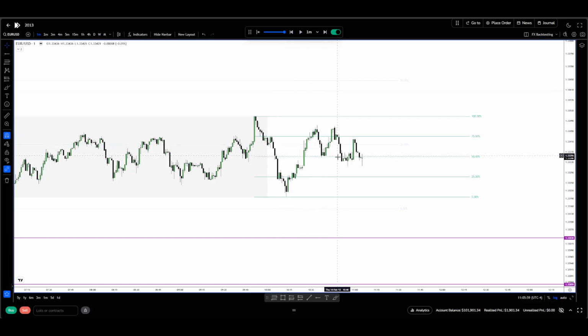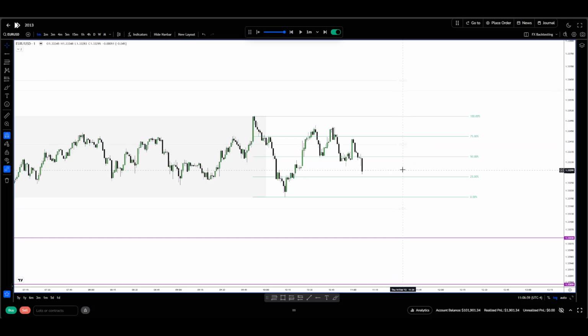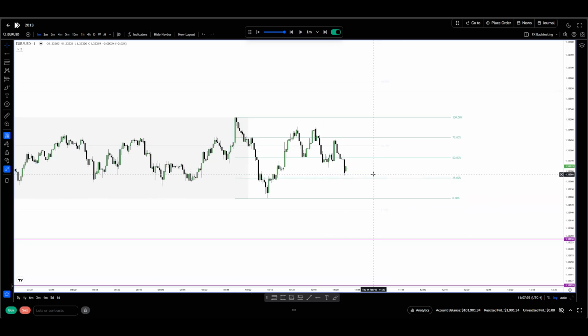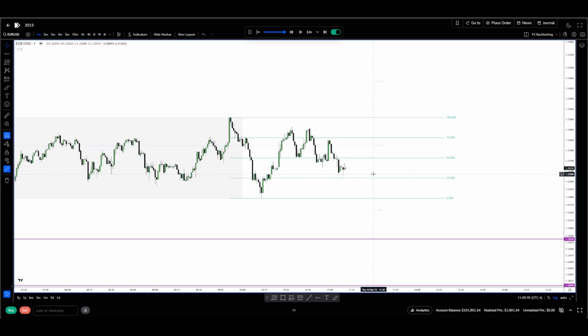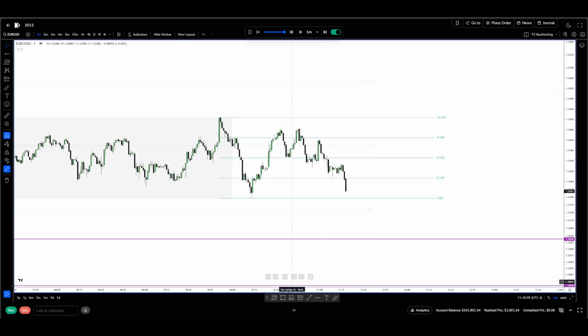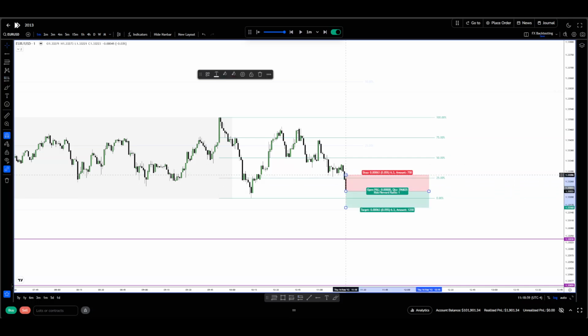First, just consolidating a bit, manipulating, not able to touch the 75. Now I got a strong close, so maybe we can enter now. Let's see above.